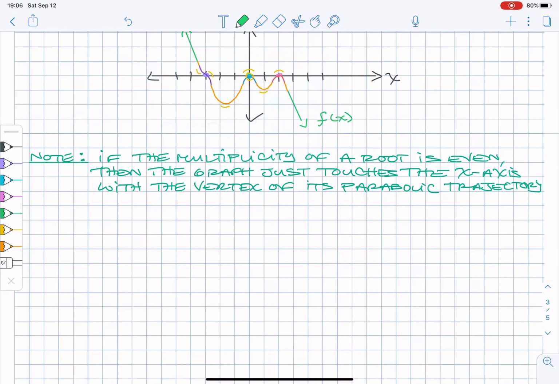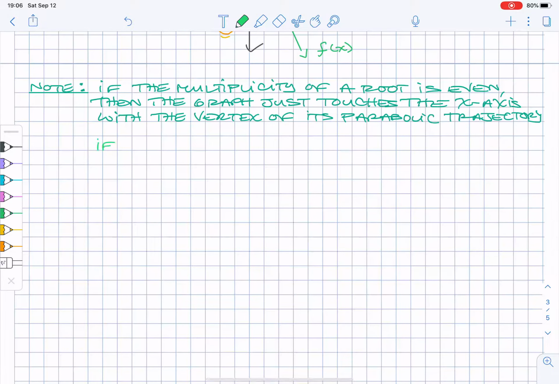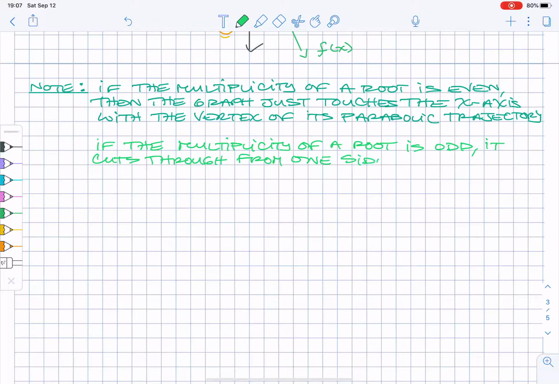However, if the multiplicity of the root is odd, it cuts through from one side of the x-axis to the other.